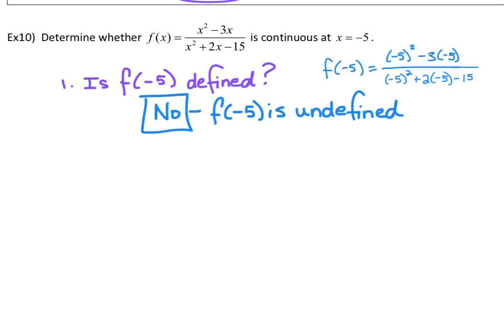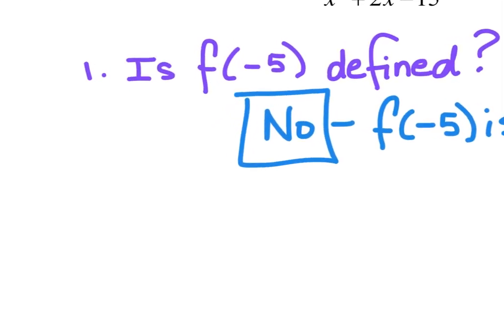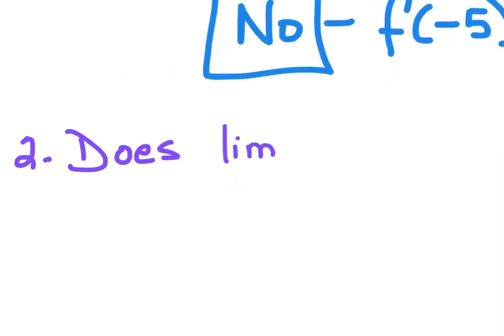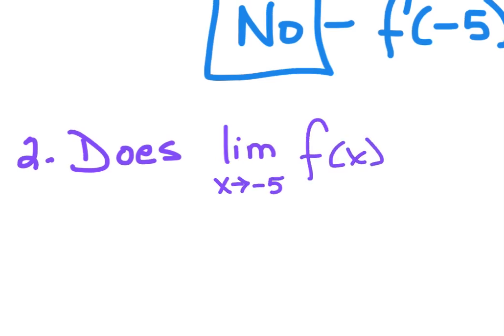So I'm going to go ahead and do the second test, which is the limit. And so I'm going to say number 2, now watch how we write this: does the limit as x goes to -5 of f of x exist?